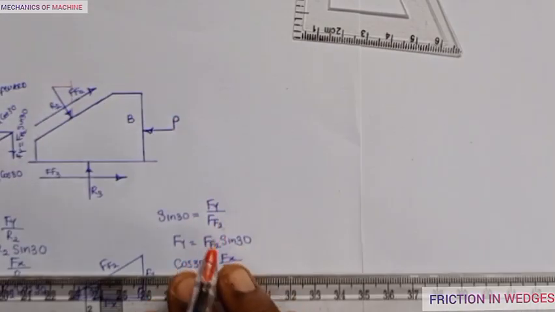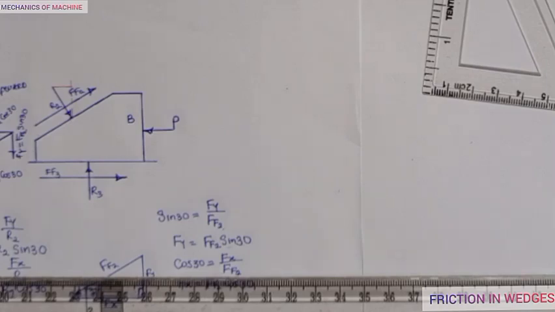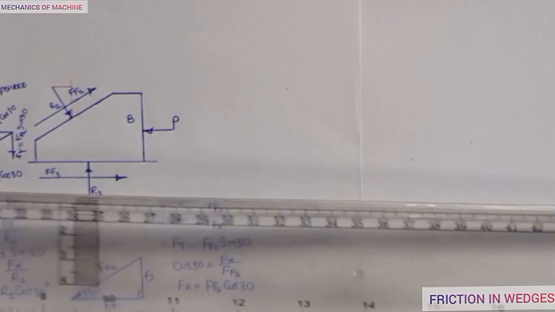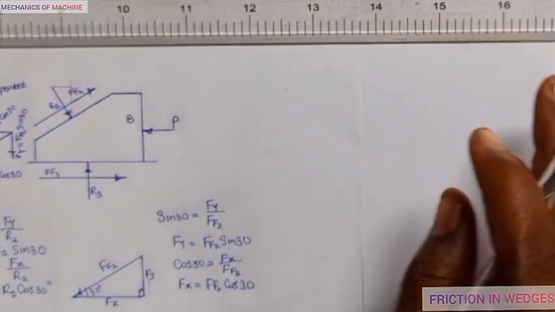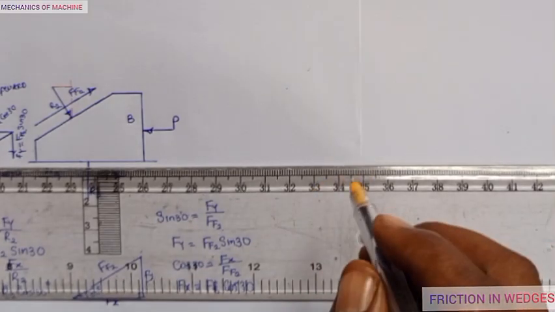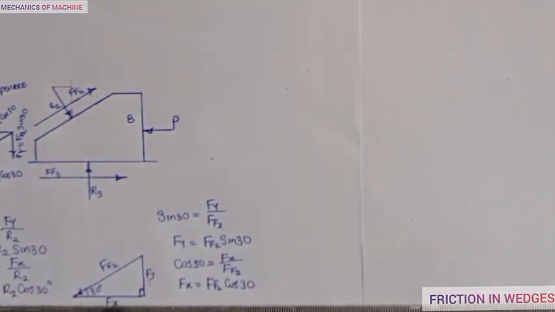What do you notice? It is forming a triangle. So let me draw the triangle at this point. I'll have something like this.